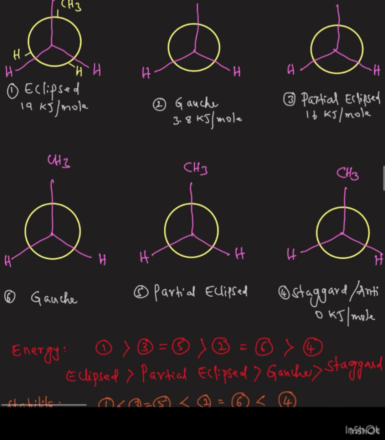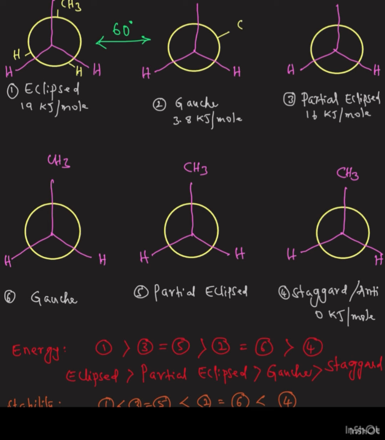First one is eclipsed. We know in the eclipsed, two CH3 groups are at the same place, one on the front side, the other on the back side. When it is rotated by 60 degrees, eclipsed can be converted to Gauche form.